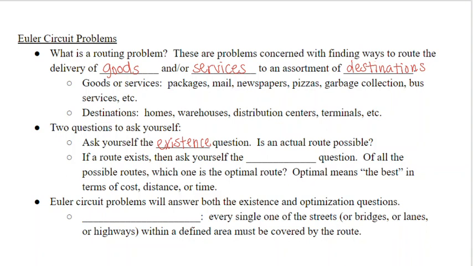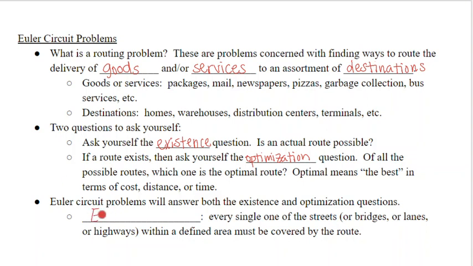And if the answer is yes, then we have an optimization question. Of all of the possible routes, which one is the optimal route? Typically, optimal means the cheapest, the shortest, the fastest. We're trying to be efficient here. So, we are going to learn things about Euler circuit problems that will help us answer both of these questions.